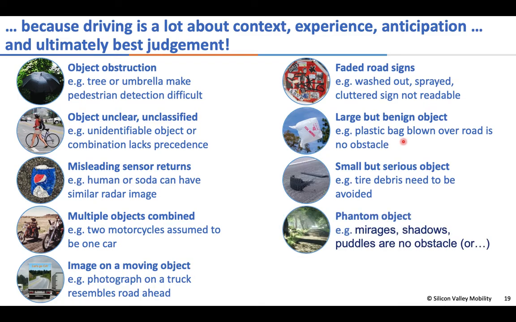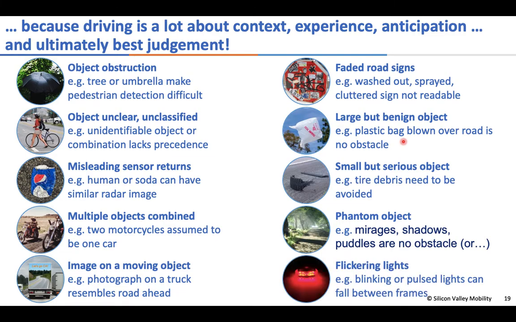Phantom objects, reflections, shadows, water puddles, all of that. That's where us humans also have difficulty, but we somehow figured it out. Not always, there are accidents, but it is different for a machine to figure that out. And here, flickering light. You know that cameras basically have their frames, they might do 12, 15, 20, 50 frames a second.